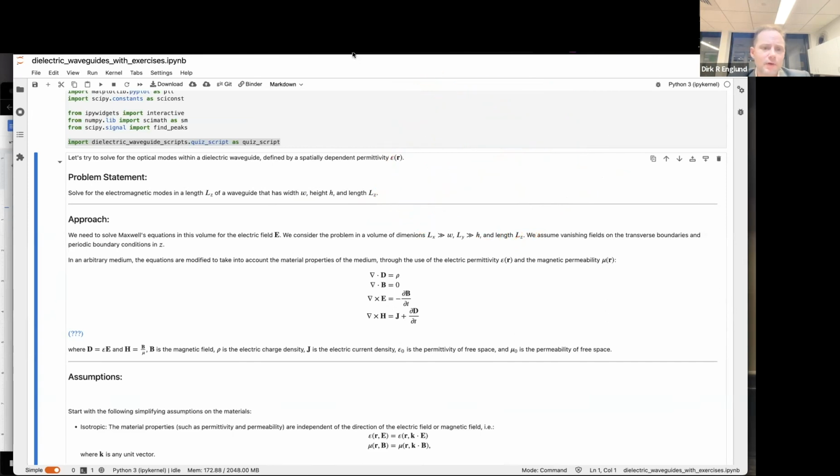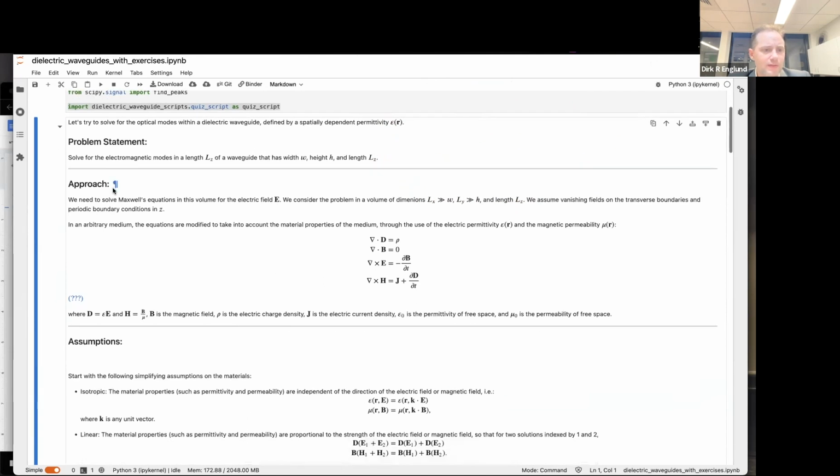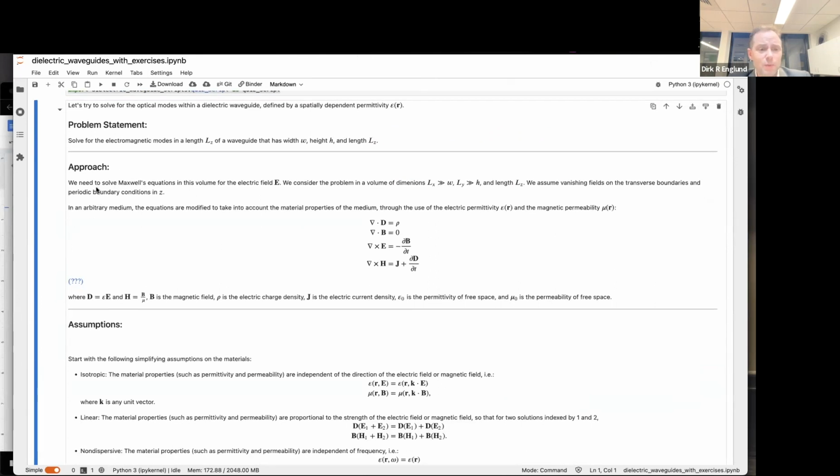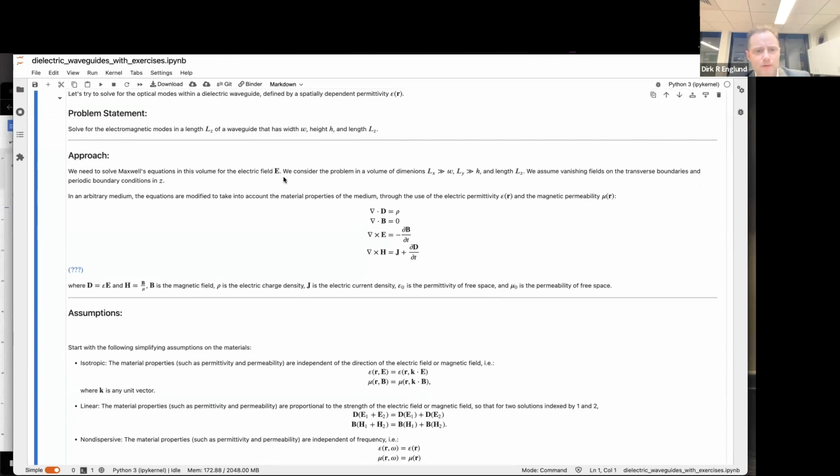Okay, so the problem statement is that. Now the approach is, what we need to do is solve Maxwell's equations in this volume for the electric field E. If we have E, we can get magnetic field H from Maxwell's equations. So we consider the problem in a volume of these dimensions, like this box that we're putting around it.